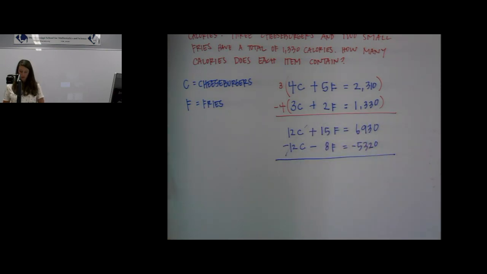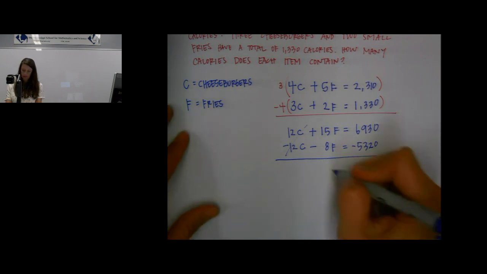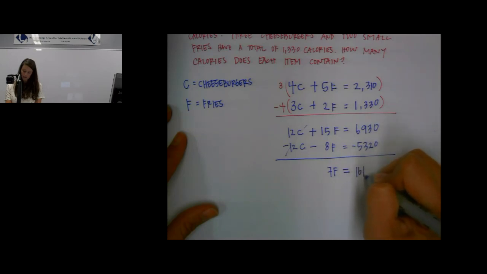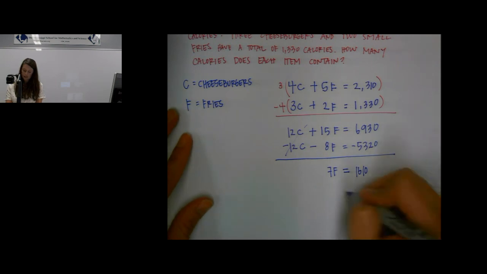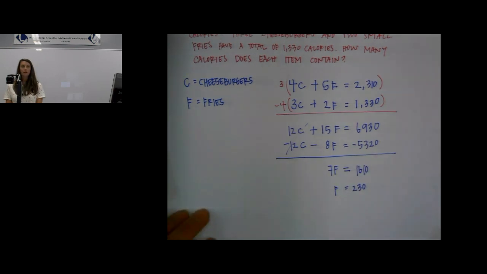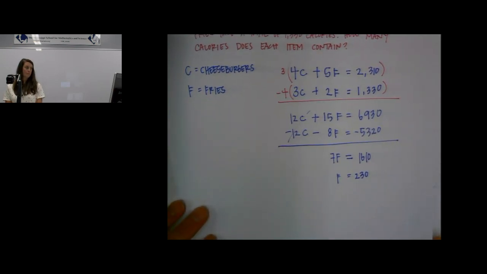So I'm going to have 15 minus 8, which is 7. So I'm going to have 7 French fries equal 1,610. 1,610 divided by 7 is going to give me 230.